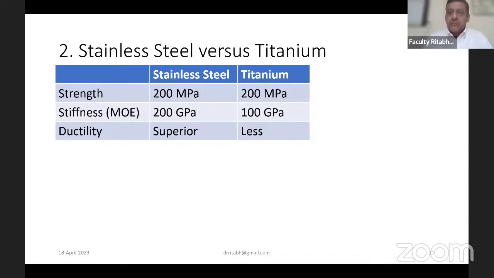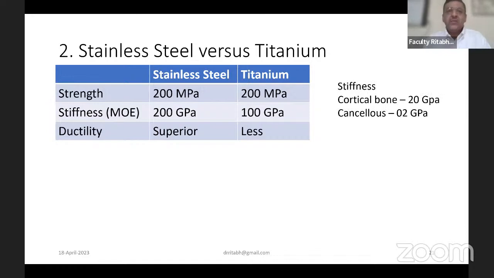So it needs much more loading to deform compared to titanium. If we compare this to the stiffness of original cortical bone, it has a stiffness of only 20 GPa. And cancellous bone has an even lesser stiffness.